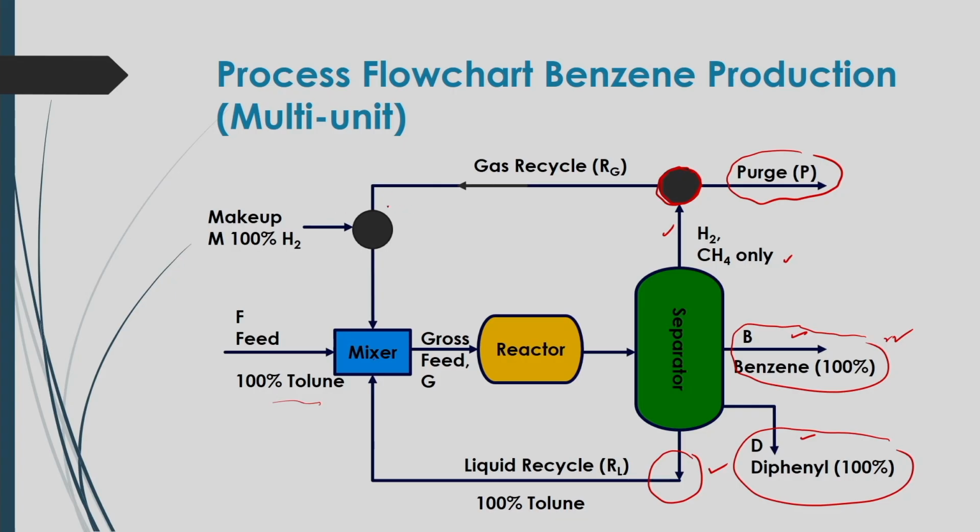That fresh hydrogen gas is mixed with the recycled gas in the mixer here again. So there are several units for this benzene production from toluene that are represented in this process flow chart, and also the composition and the different input and output compounds in these different process units are represented in this process flow chart.